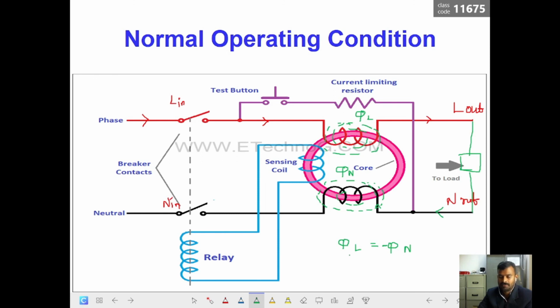These two fluxes nullify each other: phi L minus phi N equals 0. Since these two are equal and opposite, the net resultant flux is 0, so no current flows in the sensing coil in the normal condition.